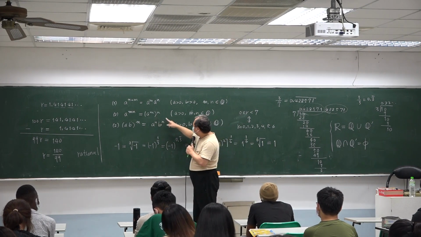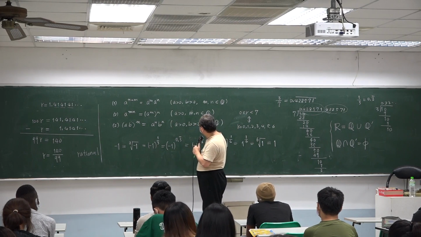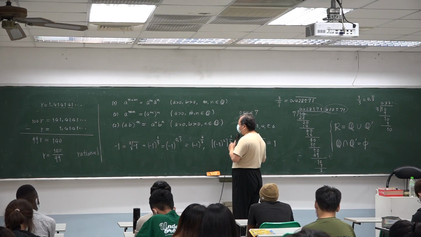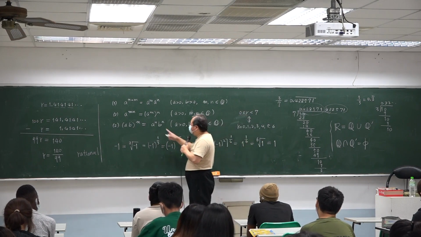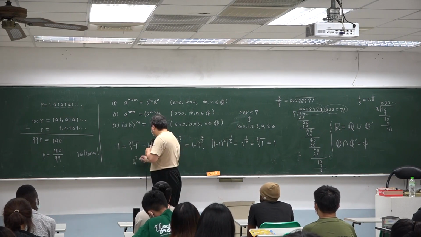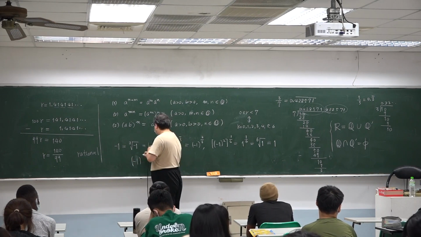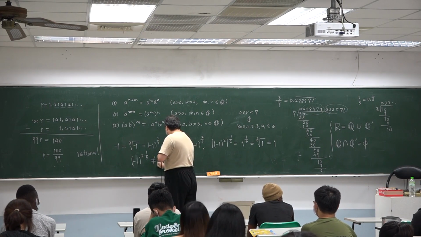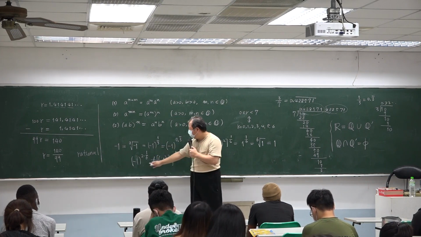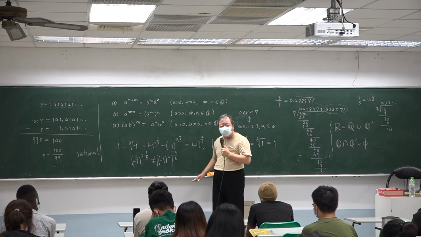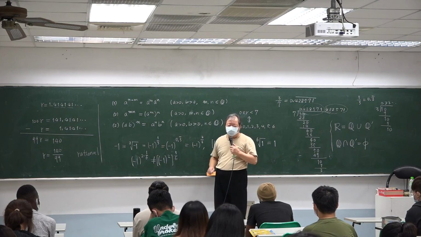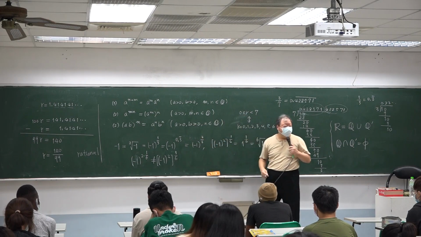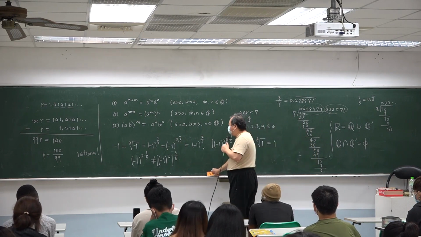So when m equals 2 and n equals 1/6, then this is not that. Because the left hand side is -1, the right hand side is 1. Be careful. If you want to apply some theorem, some law, or some formula, please check the conditions first. Okay.